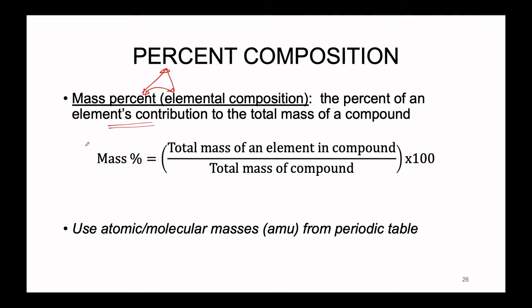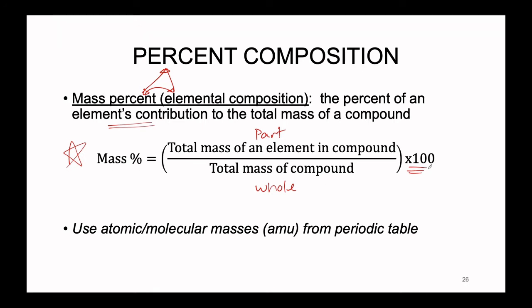Now here below we can see an explicit equation representing this definition, where the mass percent is equal to the total mass of an element inside of a compound, divided by the total mass of the compound. So just like any percentage, we're looking at a part divided by the whole, and of course, because it's a percentage, we're going to multiply this by 100.